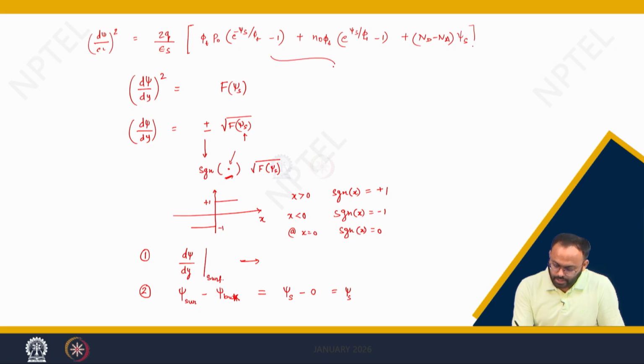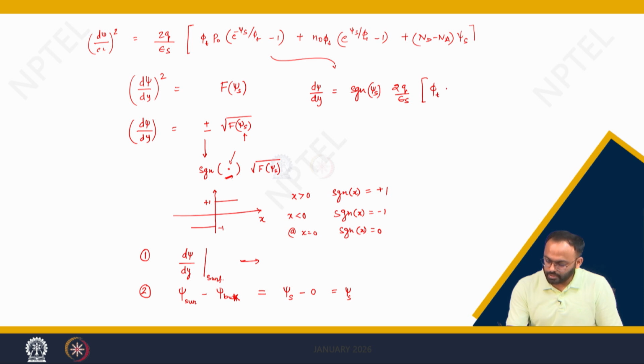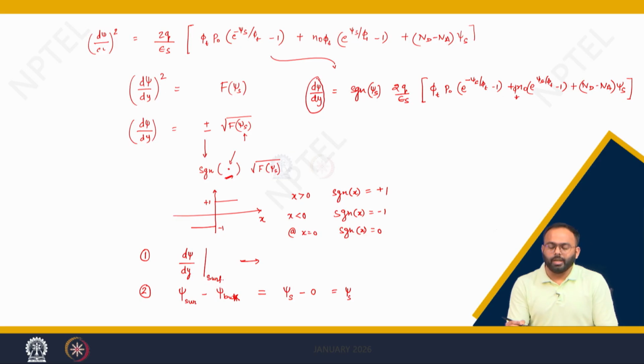In general, we take the parenthesis parameter as ψs. So ultimately this equation can be rewritten as dψ/dy equals signum of ψs into 2q/εs into φt [p0(e^(−ψs/φt) − 1) + n0(e^(ψs/φt) − 1)], okay, here φt will also come, plus (Nd − Na) ψs. Now, this quantity is the electric field, but the negative of the electric field, correct, and this can be replaced by a charge following Gauss's law.